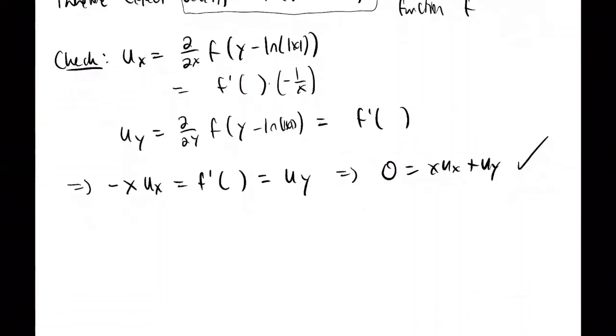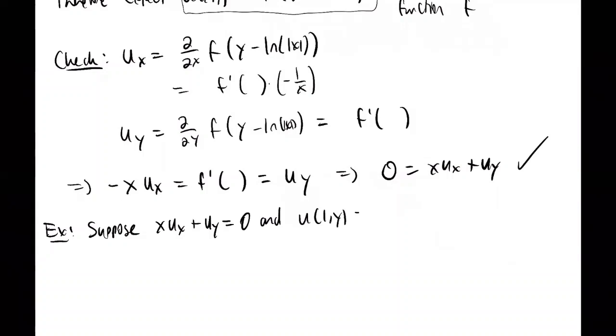So for example, suppose x times ux plus uy is equal to 0. And also, for example, what's a good initial condition? So let's say u of 1 comma y is equal to sine of y.